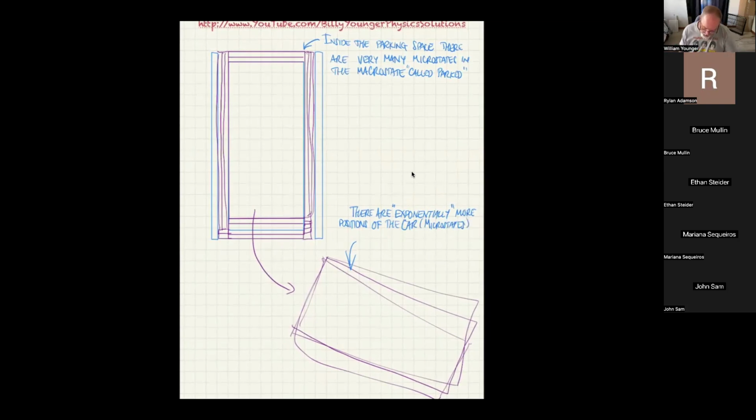So there are exponentially more positions of the car in the non-parked macro state.